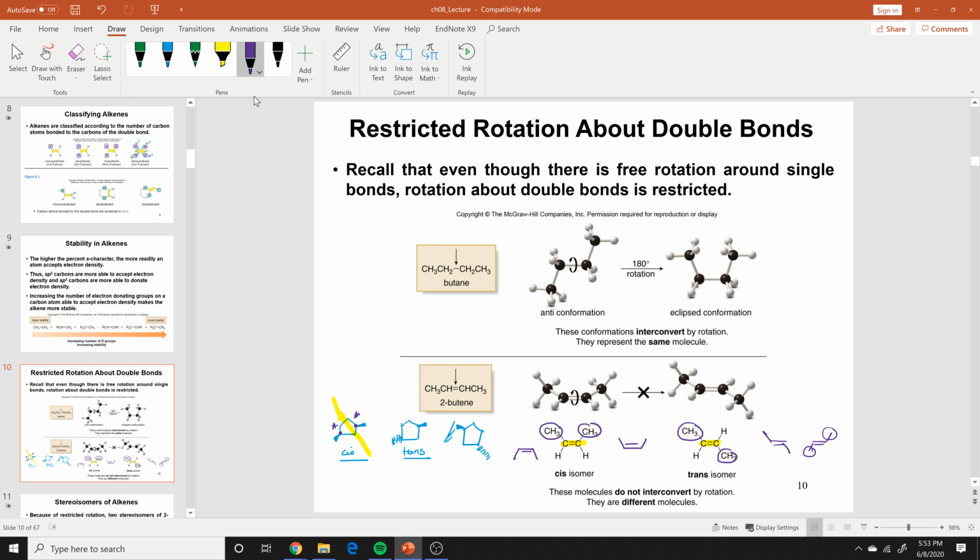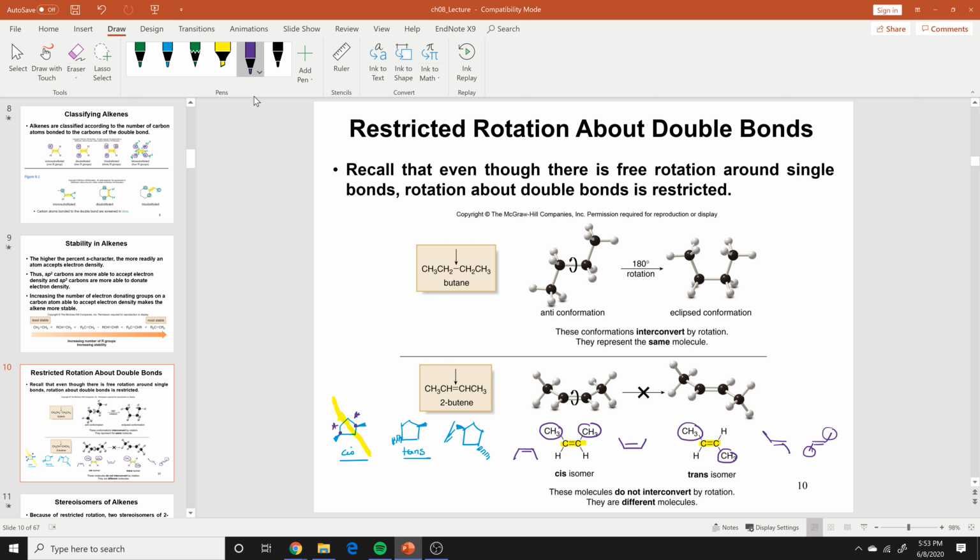Now, normally we don't call them diastereoisomers because there is no chiral center. To be able to call them diastereoisomers, normally we need to have a chiral center. Like in this case over here, we have chiral centers, so the cis and trans are diastereoisomers. Trans has its own mirror image, but these two don't have a chiral center in either one, so we don't call them diastereoisomers.